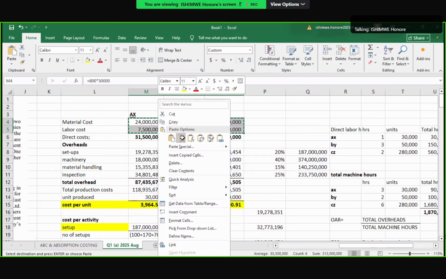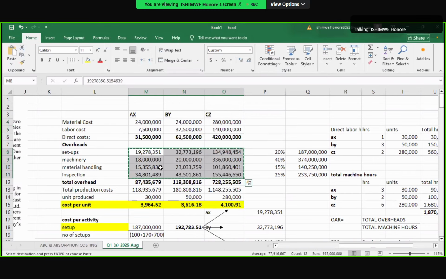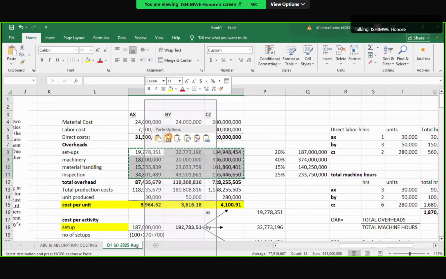Because there's something I want to do. So my figures should not be linked, so they don't get messed up. So I want to take these we copied and put them here.